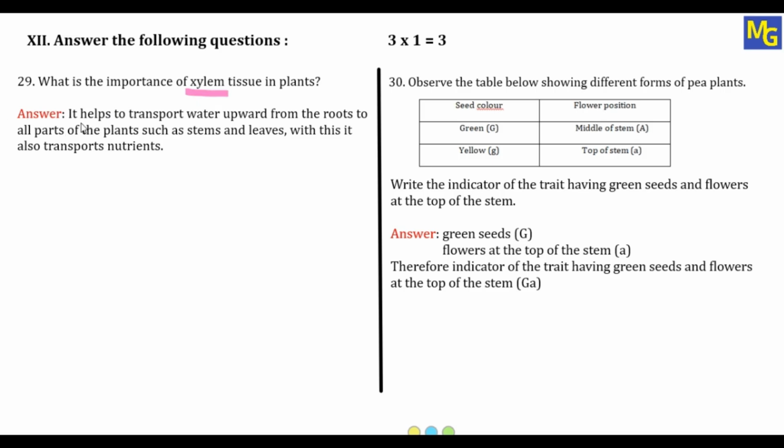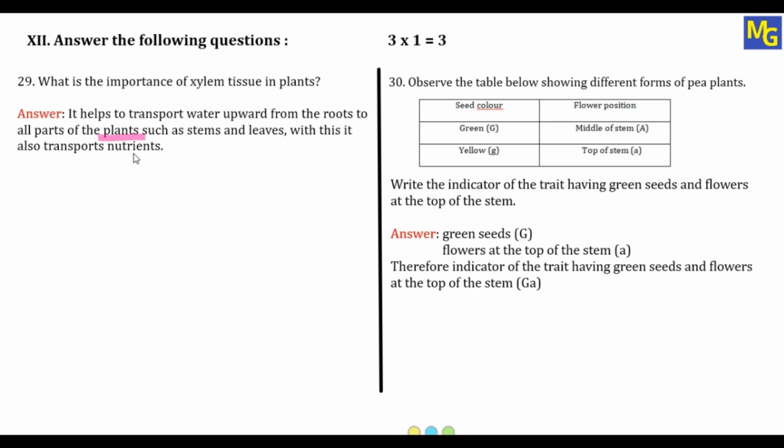So the answer is, it helps to transport water upward from the roots to all parts of the plant. As we know, xylem helps to transport water and phloem helps to transport food. So water will be in the ground and that will be absorbed by the roots, and it has to be transferred to all the parts of the plant.